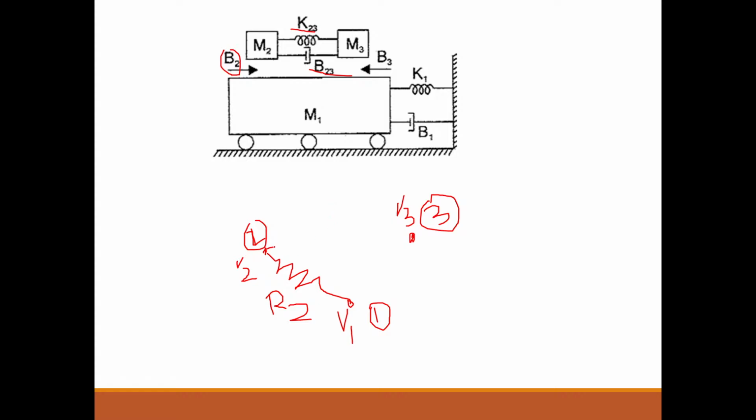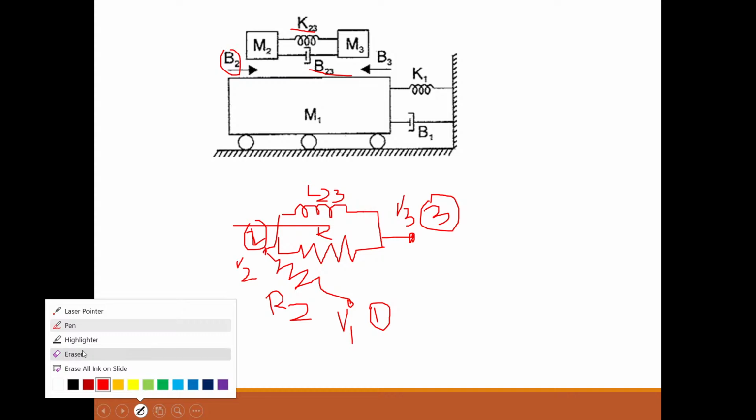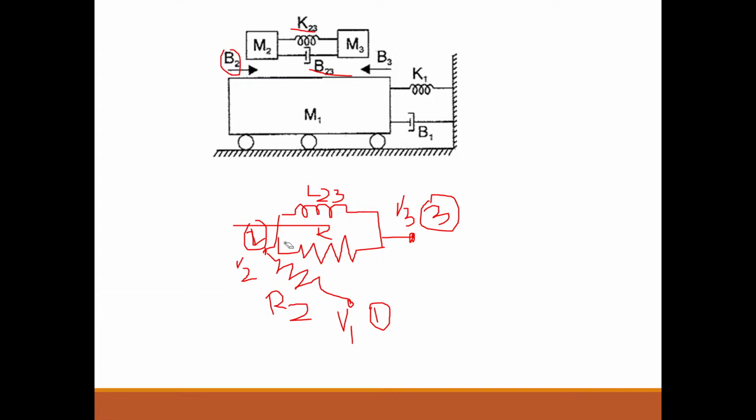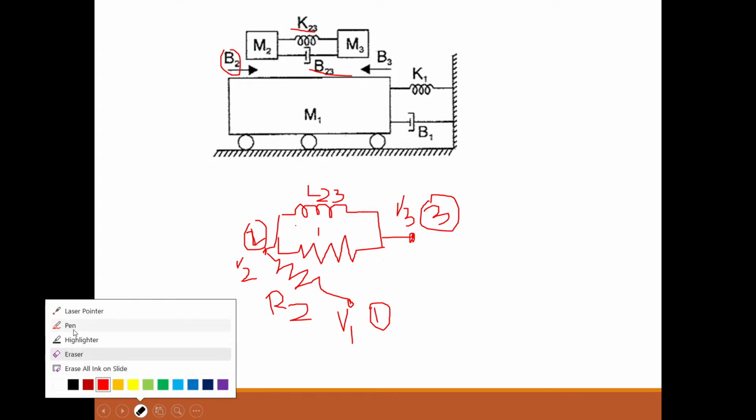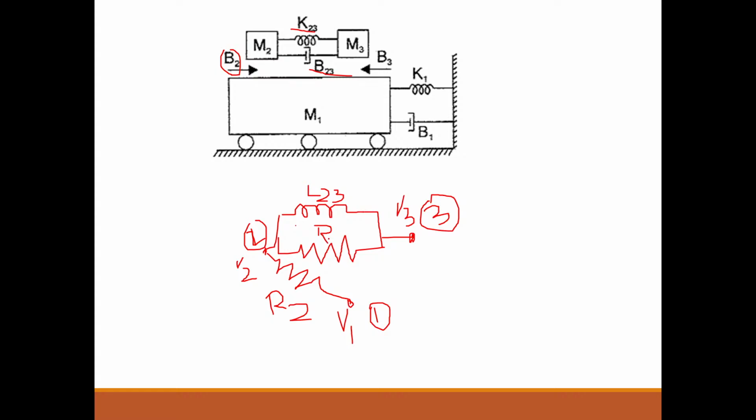So draw an inductor and a resistor, both parallel to each other, connected between node 2 and node 3. K23 means L23, and B23 means R23.